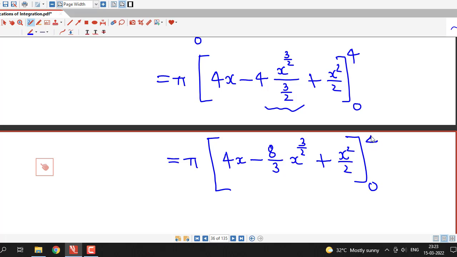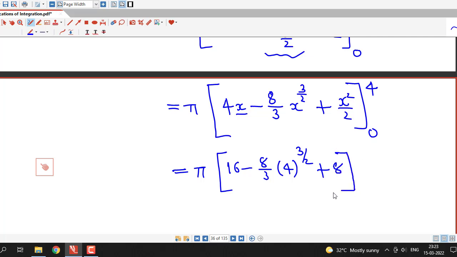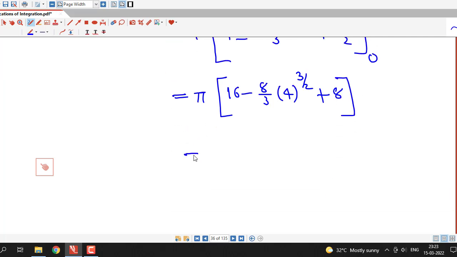The limits of integration are from 0 to 4. So now we put x equal to 4. 4 into 4, that is 16, minus 8 by 3, 4 raised to 3 by 2, plus 4 square, that is 16 divided by 2, which is 8, and 16 plus 8 is 24, minus 8 by 3.